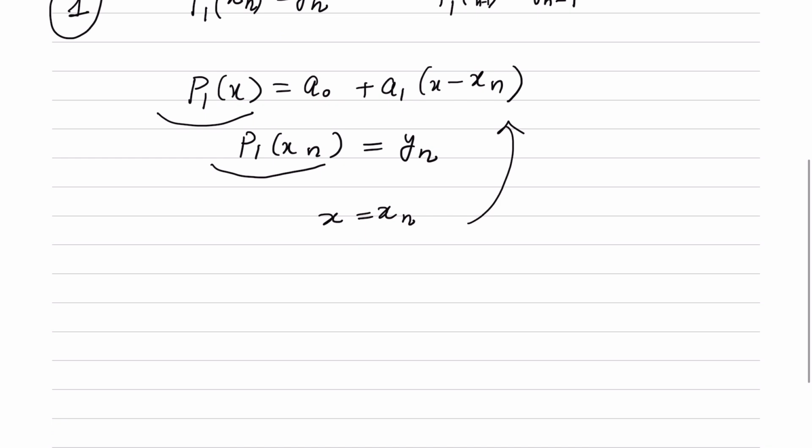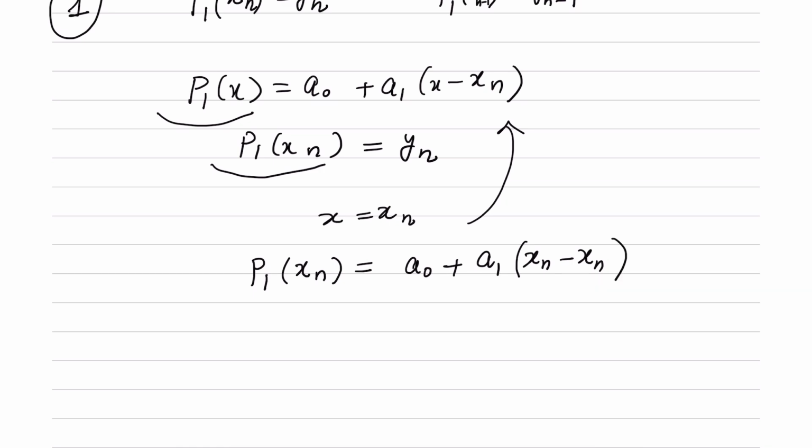We get p1 of xn, a0 constant as it is, a1 constant as it is, and in the place of x we have xn minus xn. From the condition, p1 of xn is equal to yn, so yn equals a0. The value of the first unknown, a0, is yn.